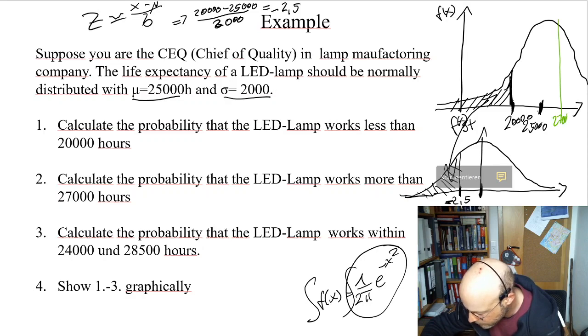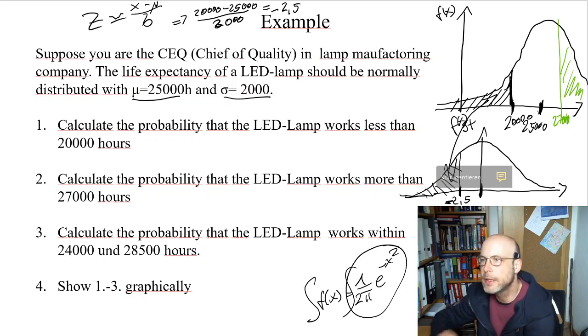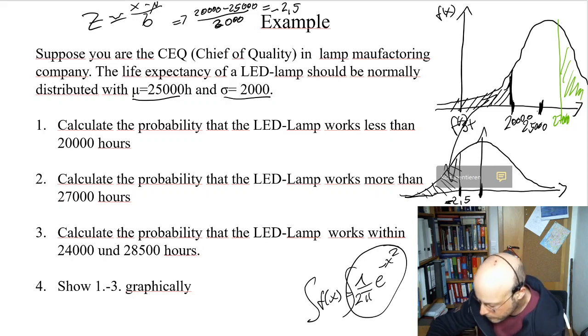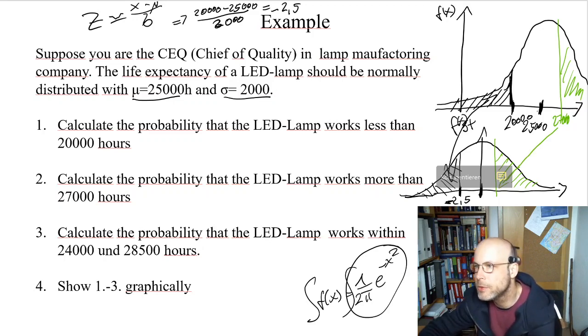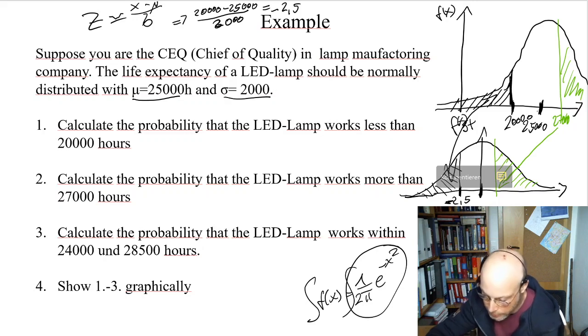If this is 27,000, we have to calculate this area here. Or we have to know this number, which translates 27,000 into the standard normal distribution. What do we have to do? Actually, we have to do the same as above here.